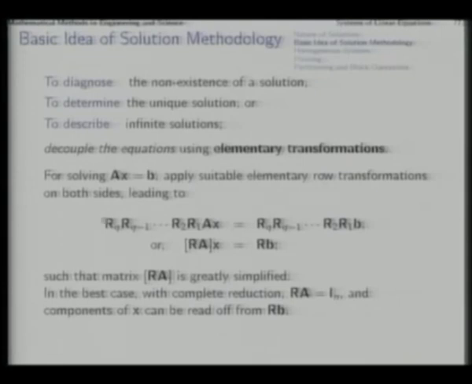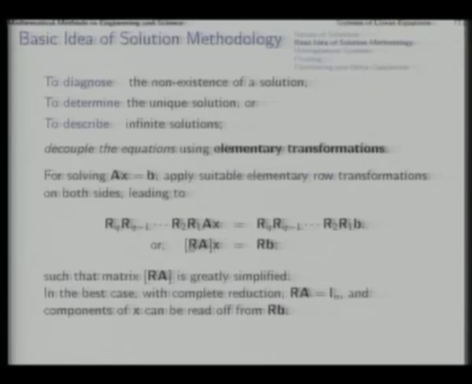Finally, we can consider this entire product Rq, Rq minus 1, Rq minus 2, up to R2, R1, times A. A is written as it is, and the product of all these elementary matrices is sitting as R. That same R will be sitting on the right side also as RB. Now we examine what happens to the matrix RA.